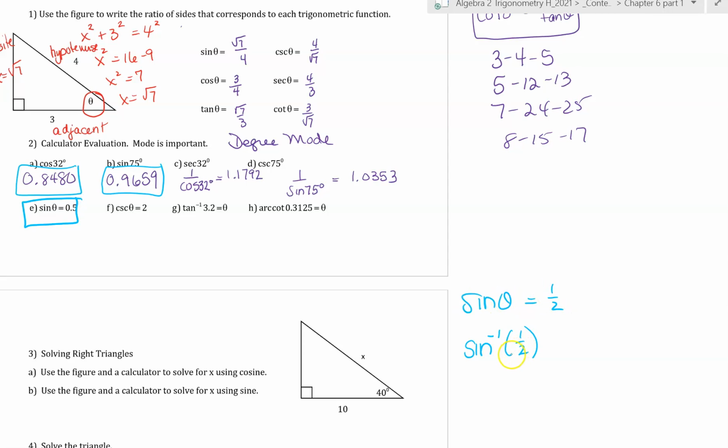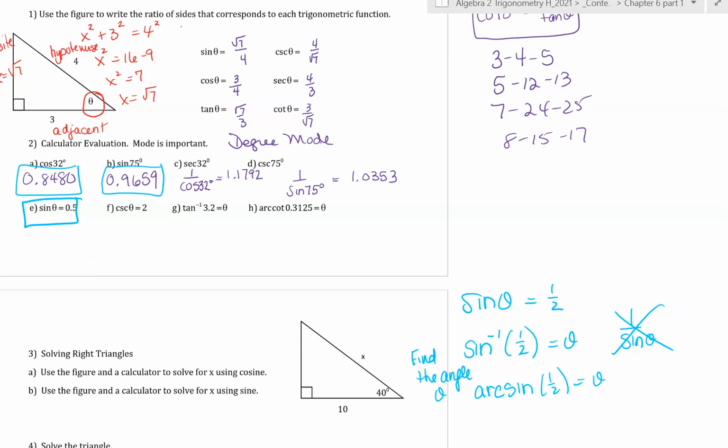So another way to write that would be the inverse sine of 1/2. It does not mean 1 over the sine. Okay, that's not what it means. It means find the angle. Another way to write it, years ago, some people would write it arc sine, which means the same thing as inverse sine. Okay, so these are all saying the same thing.